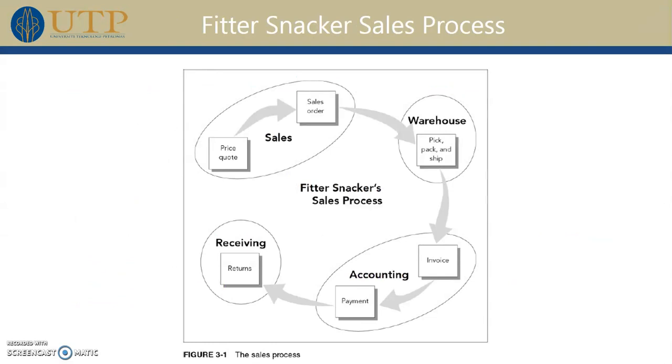This is the Fictitious sales process. It starts with sales, warehouse, accounting, and also receiving. For sales, it consists of two activities, which are price quote and sales order. Customers request a quotation from Fictitious. Once the quotation is agreed, which means the customer has agreed to buy the product, then the sales order activity will be initiated.